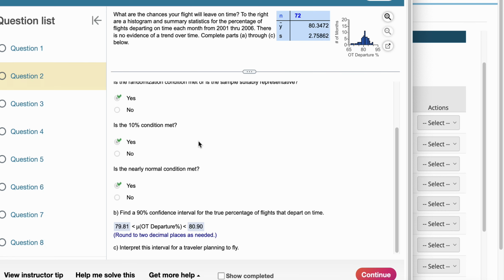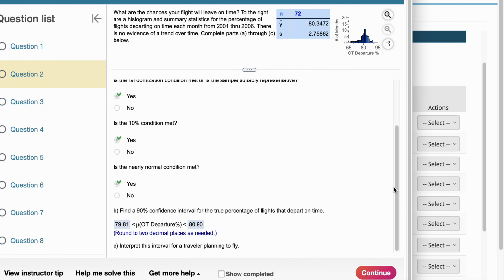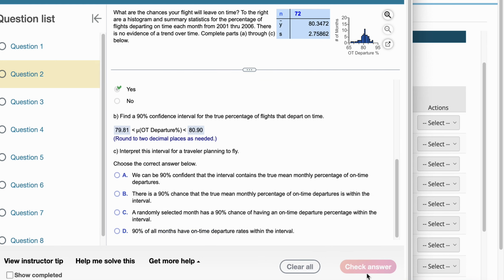Nice work. Okay, what's the last thing here? Oh, continue. Now we have to decide what the conclusion is. I'm looking for the word confident. If I see a statement that says confident, that's good.